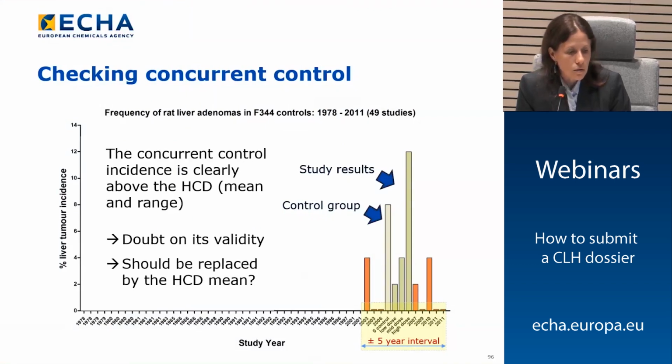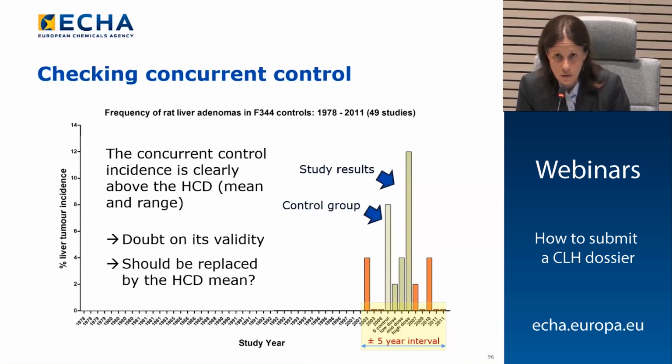And the historical control group incidence is also above the low and mid dose. So the question is, what do you do with this data? Is the concurrent control behaving normally, or can we say that it's an aberrant control because it's completely outside the range of the historical control data incidence?